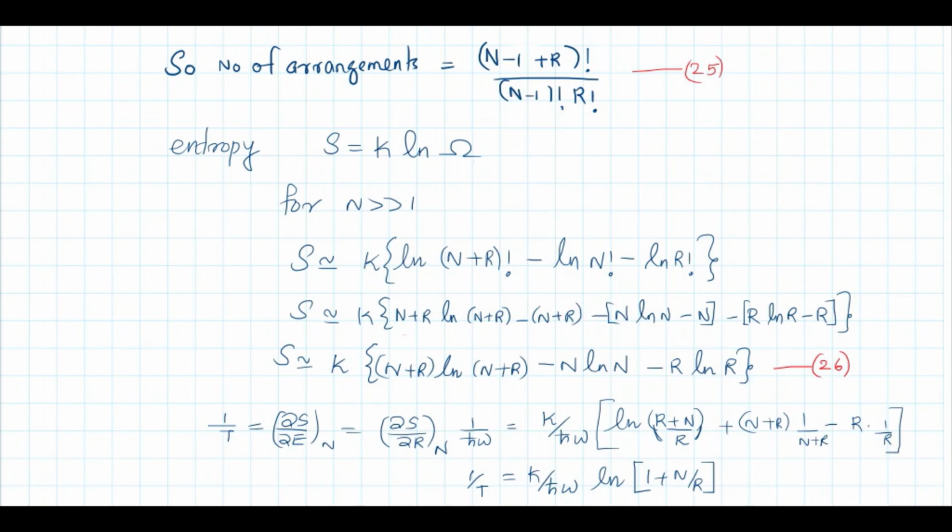The denominator has n factorial, so minus log n factorial, which is minus (n log n minus n), and minus log r factorial, which is minus (r log r minus r). So the entropy S is k into [(n plus r) log (n plus r) minus n log n minus r log r]. Equation number 26.